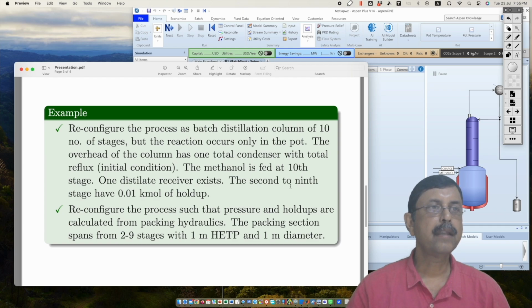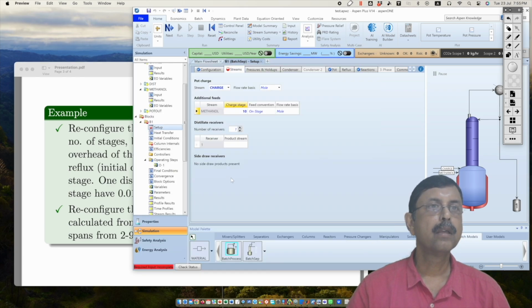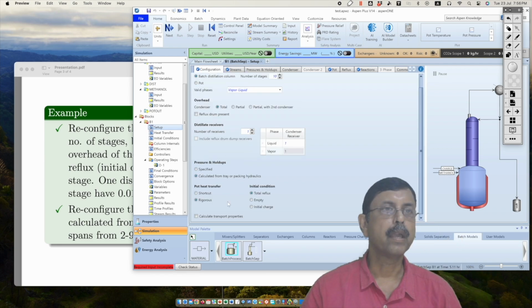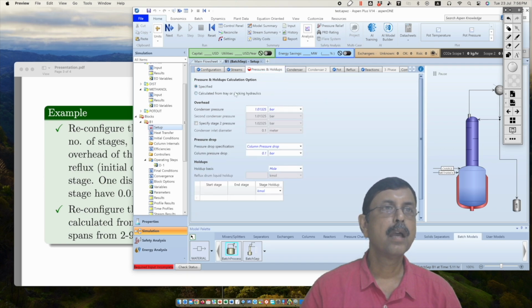The second to 9th stage have 0.01 kilomole of holdup. So for that, the distillate receiver is having distillate at the product stream. Okay, so let us not calculate it from tray and packing hydraulics. Rather, we will specify over here the condenser pressure.